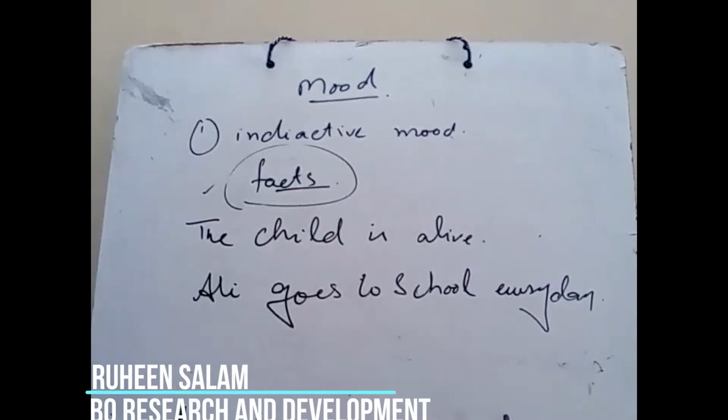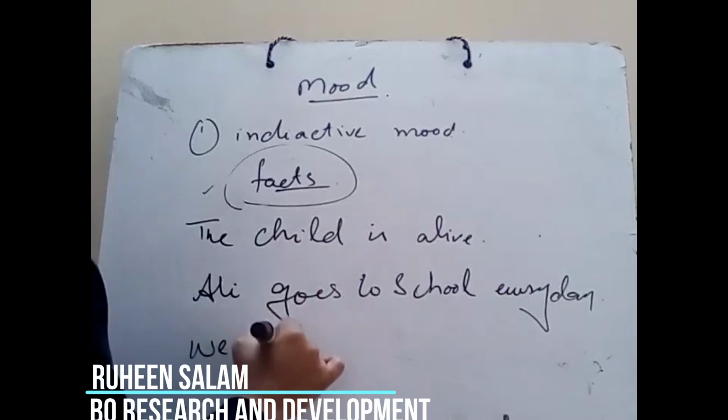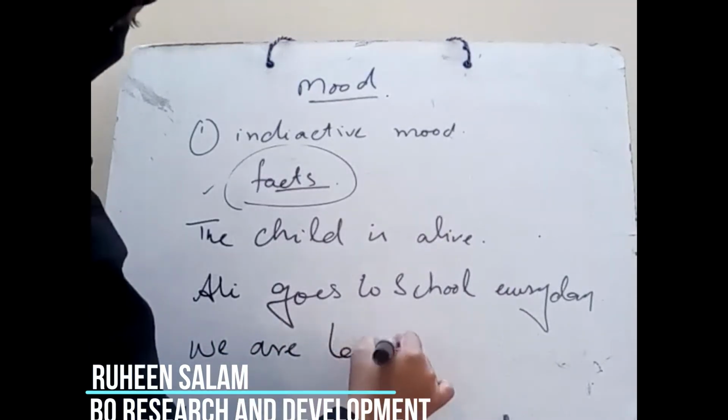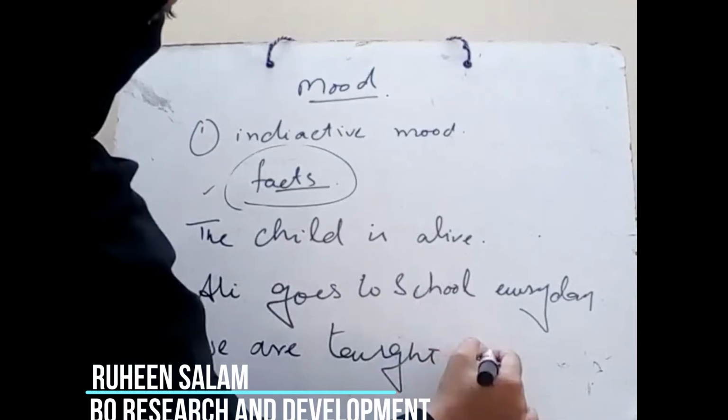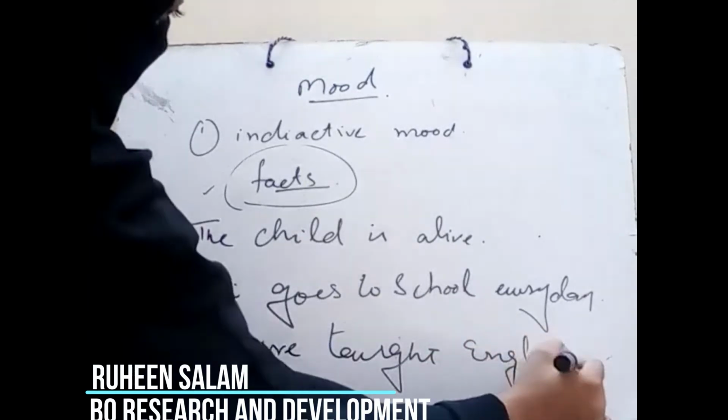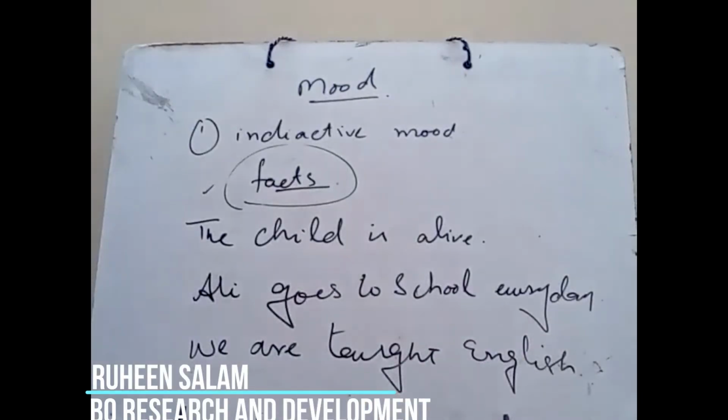No. The thing I am telling you is based on facts and reality, that Ali is a punctual child and he always goes to school, on a daily basis. He doesn't skip school. So again I'm telling you the fact. We are taught again a statement which is based on reality.